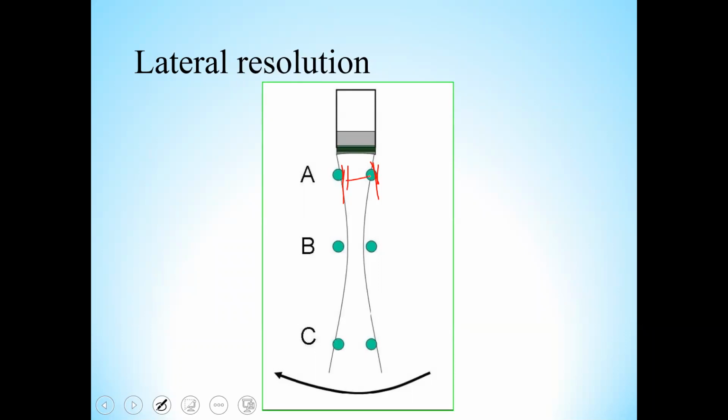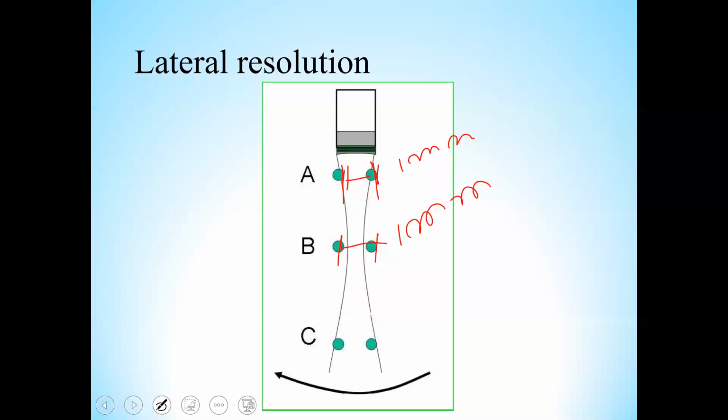For example, these structures are placed apart from each other with a distance of 1 mm. And the same way, these two structures are also placed at a distance of 1 mm apart from each other.